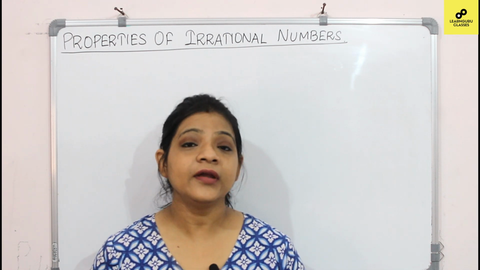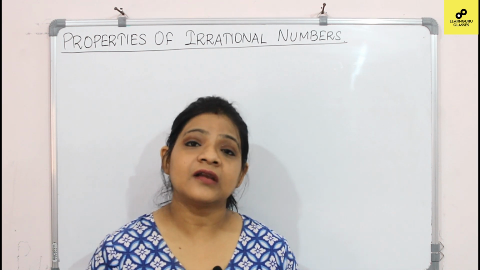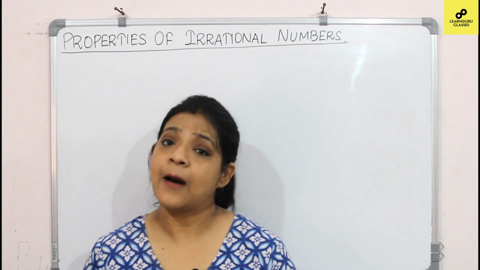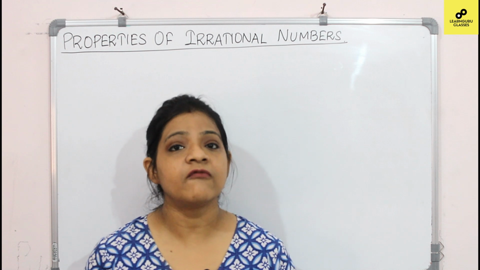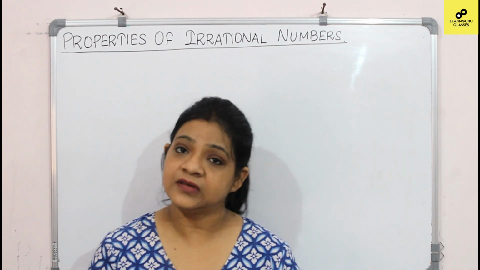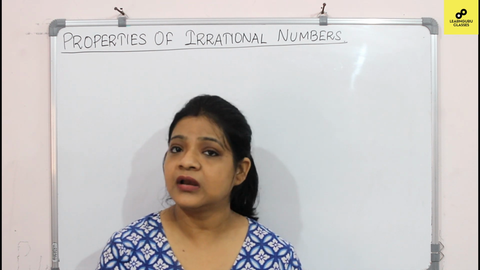So today we are going to discuss the properties of irrational numbers. Last class we studied what irrational numbers are: numbers that cannot be expressed in the form of a ratio, that is p by q, are termed irrational numbers. Next, how to identify those irrational numbers.